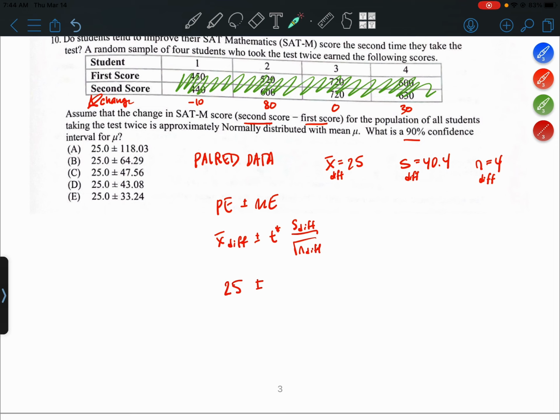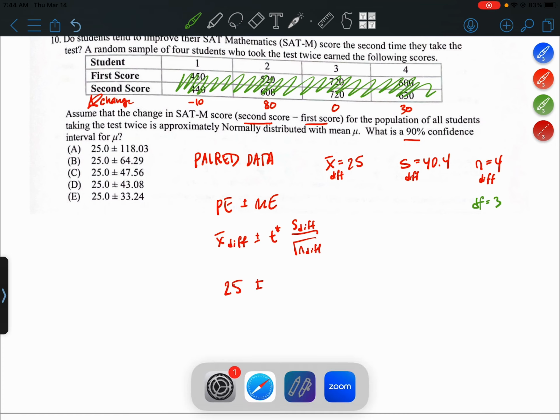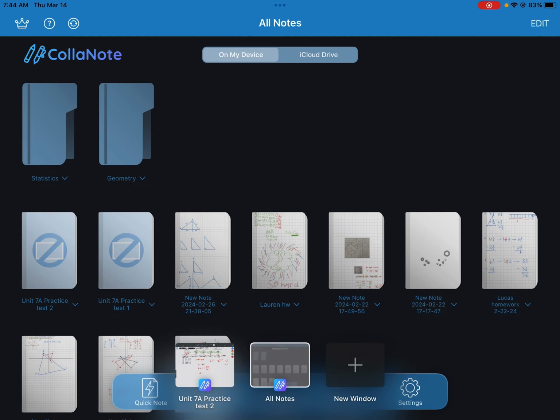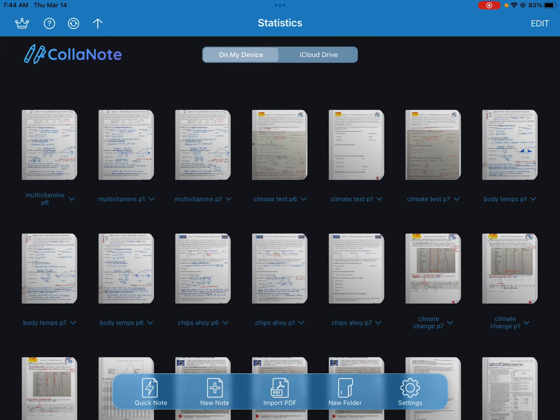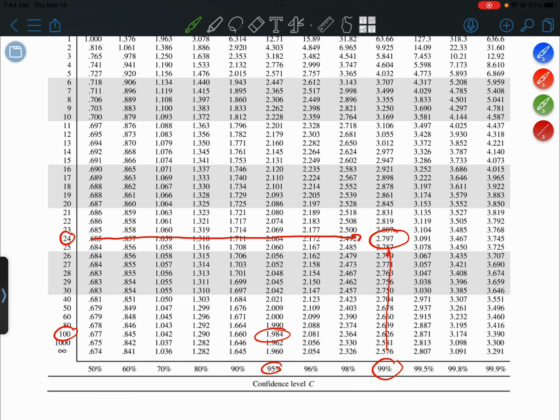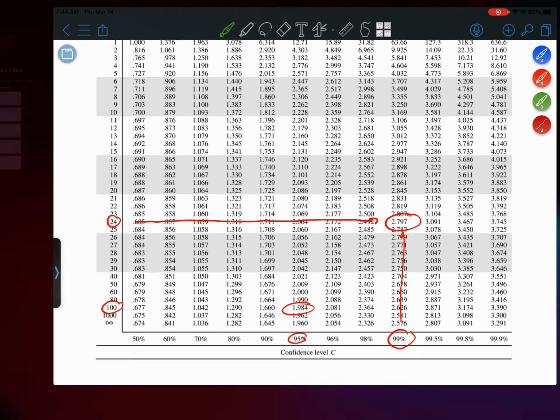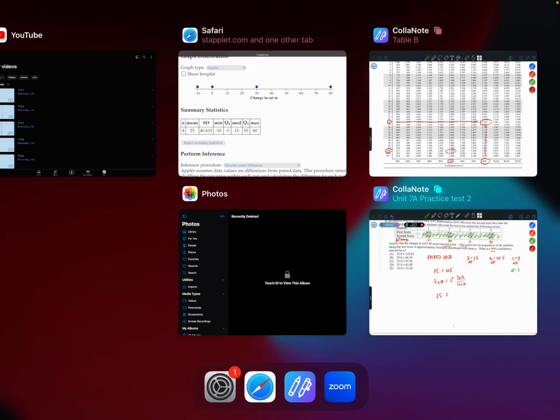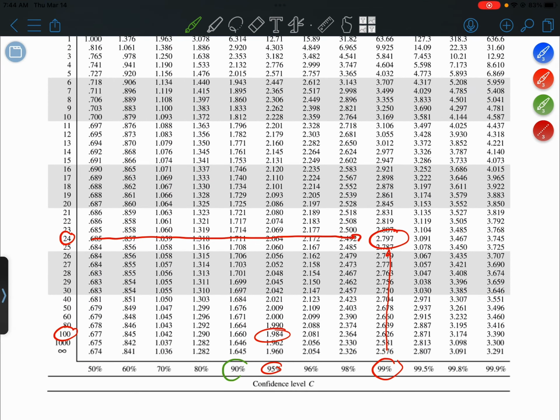Our critical value is going to be based on degrees of freedom 4 minus 1, or 3. So 3 degrees of freedom, 90% confidence. Let's go ahead and look that up in Table B. 90% and 3 degrees of freedom.